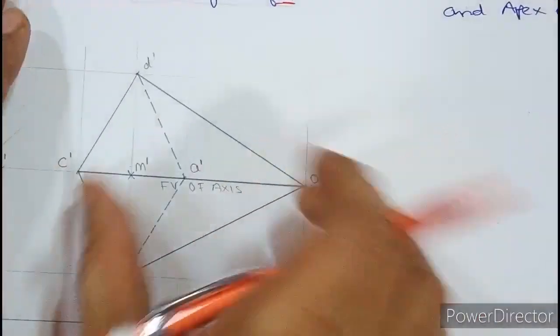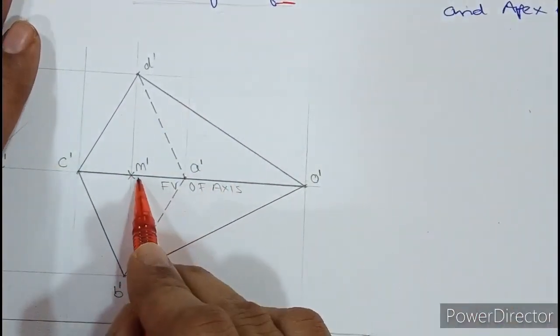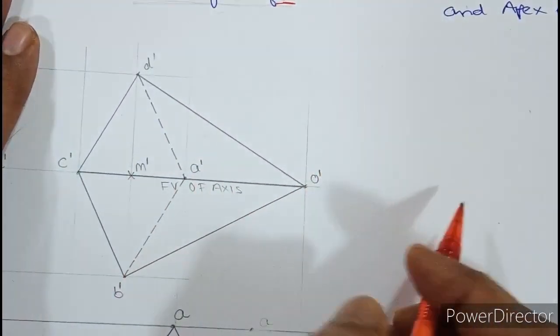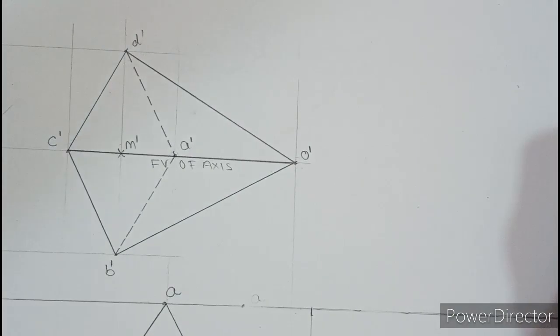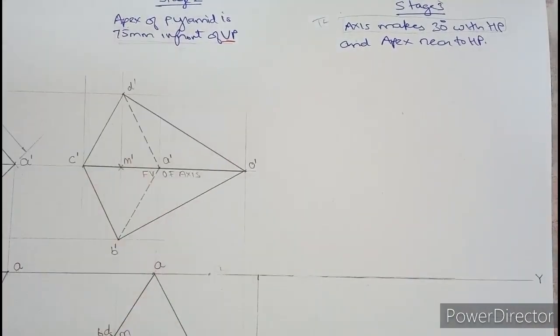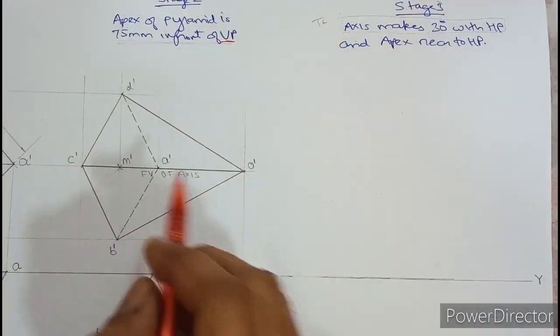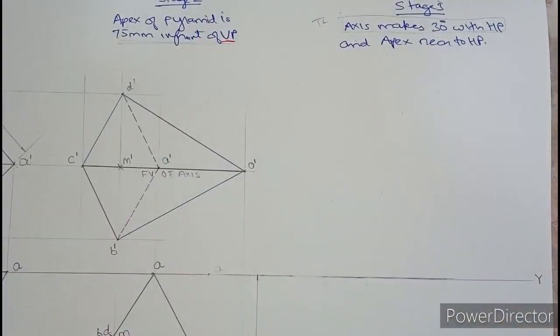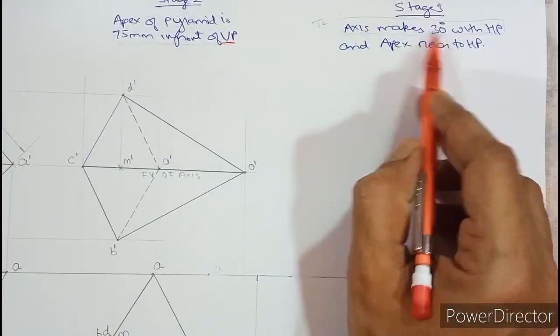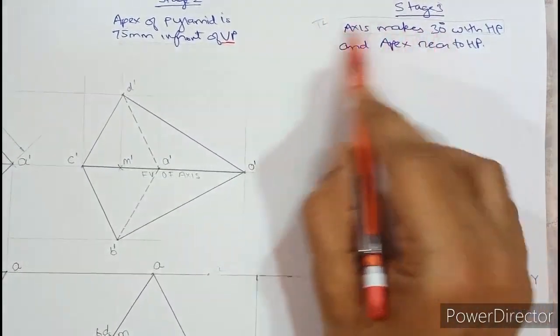So if you tilt this diagram, what is going to happen is you are going to make the front view of the axis at 30 degree, which is incorrect. Okay, so what can be done? So in a nutshell, it will not be correct to tilt this front view of the axis at 30 degree. That is what I want to say. Because at 30 degree, the true length of the axis must lie.